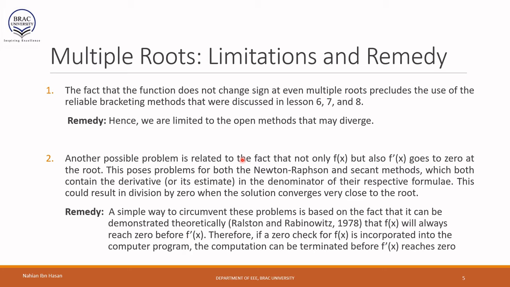As a result, the derivative is going to be very small, and the whole value of the function is going to be very large for the Newton-Raphson or secant formulas, because in those formulas f prime of x is in the denominator. So if f prime of x becomes very small, the value is going to be very high. The problem that we are going to face is that the derivative value might be 0.